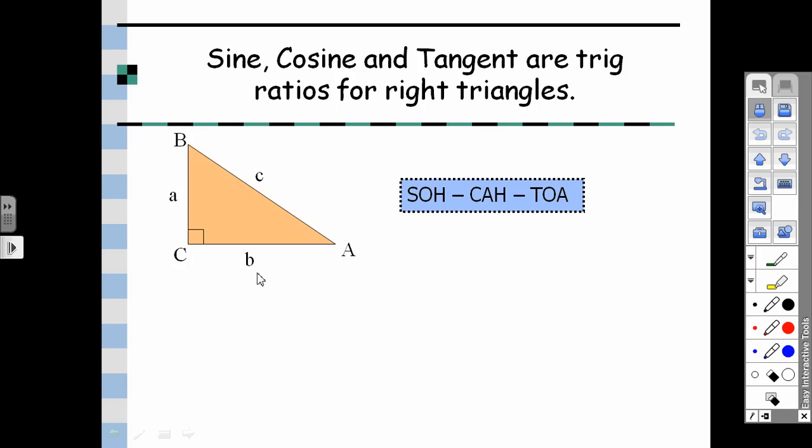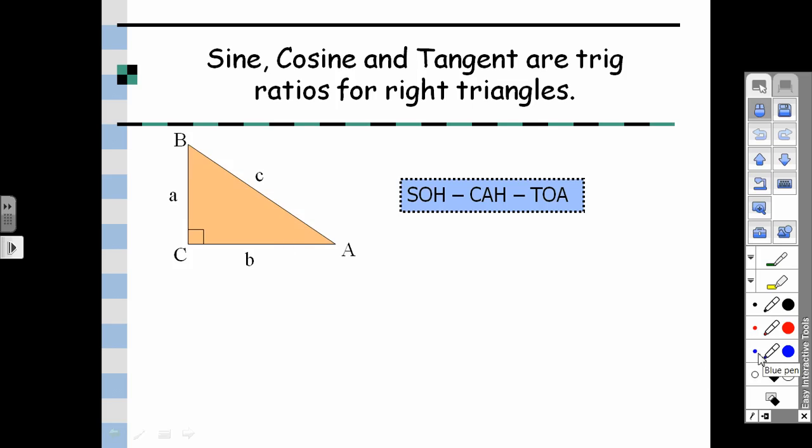So the first thing I want you to hear is to look at this right triangle and the way that it is laid out for you with all these letters. What you need to understand is that the capital letters are always going to represent angles, and the lowercase letters are going to represent the sides that are opposite those angles.